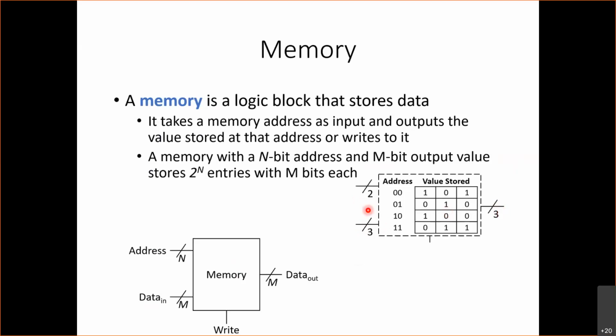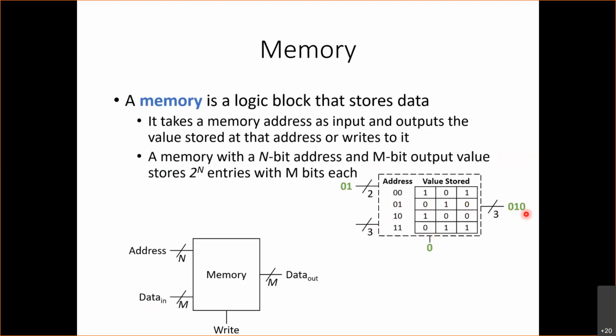So here if I pass in 0, 1 as my address location, and I pass in a 0 over here, which means I don't want to write, I want to read, the memory will go to the location that corresponds to 0, 1, which is over here, and look up the value stored at 0, 1, which happens to be 0, 1, 0, and it will give me this value as the output.